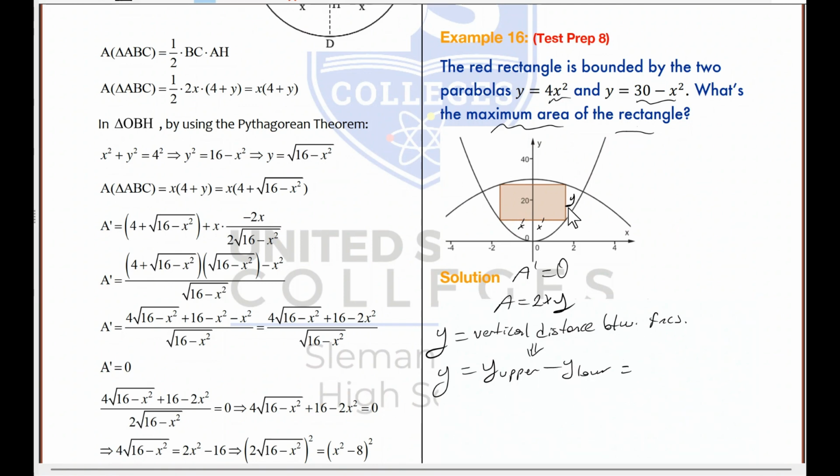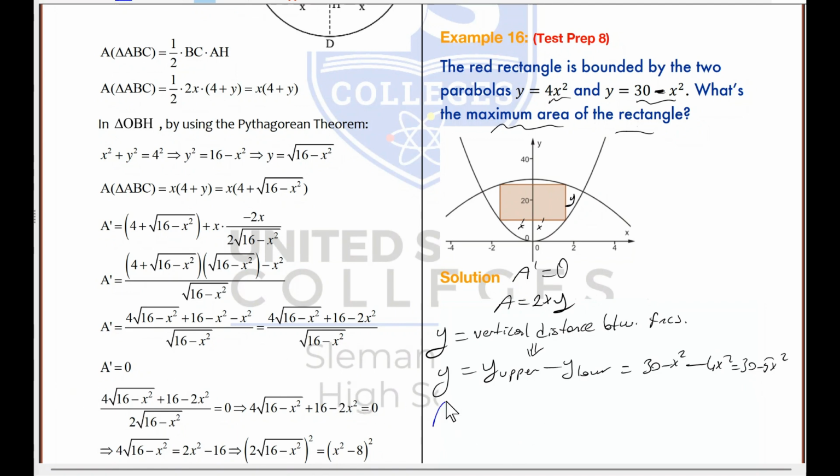The upper function is the upside down function, which has a negative in front of x squared, 30 minus x squared, minus the lower function, 4x squared. So by subtracting those two functions, we get the vertical distance, which is y. In this case, we have 30 minus 5x squared. I got y, so I can insert this back in the area formula, right?